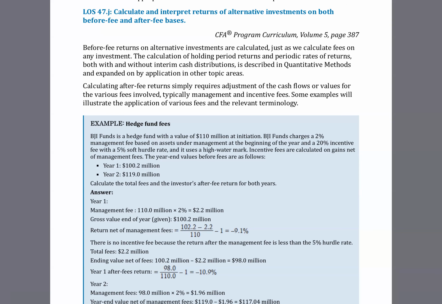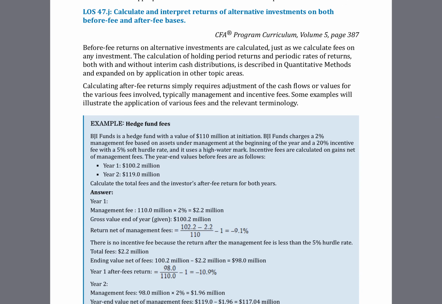So look at the kind of words they put there. They say a 5% soft hurdle rate, and it uses a high watermark. And it says incentive fees are calculated on gains, net of management fees.